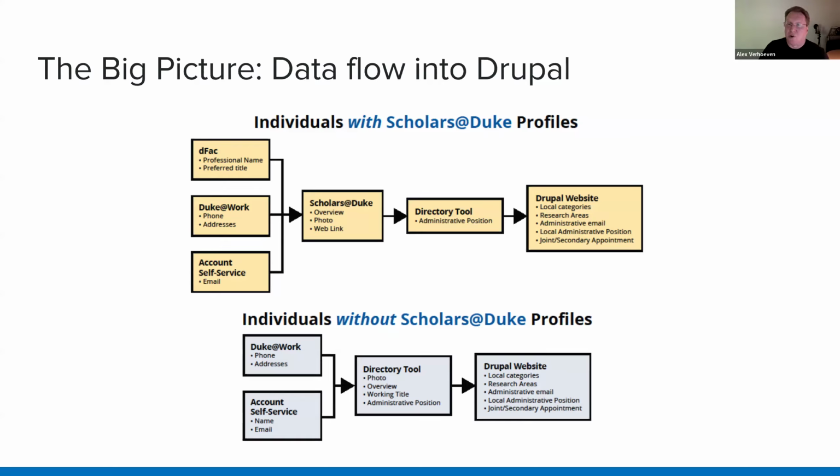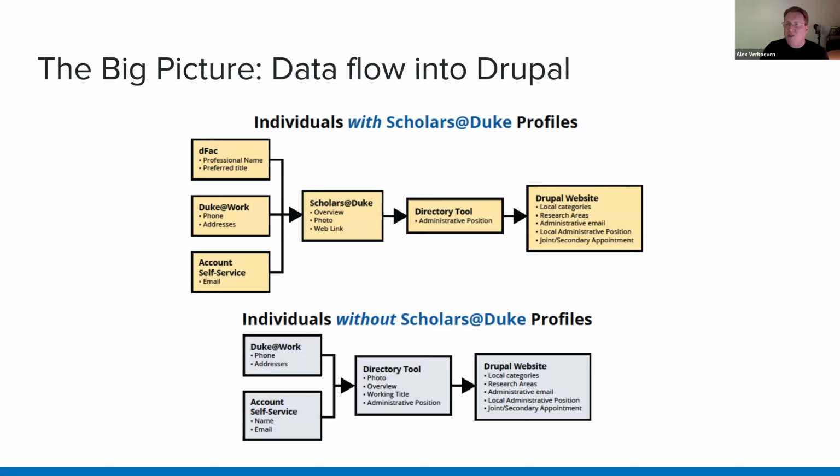Scholars at Duke profiles should only be used for faculty or other department members who have actual scholarly data to display in Scholars. We definitely do not recommend using Scholars profiles for staff members, for example, because doing so really complicates the workflow and makes it more difficult for you to manage your staff information on your website.